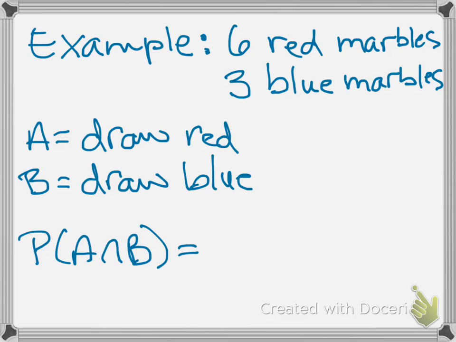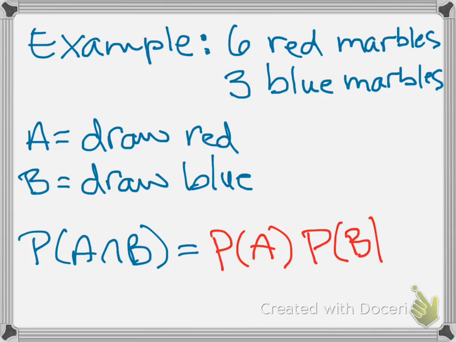So if we want to calculate the intersection of A and B, meaning that we draw a red marble and then we draw a blue marble, well then to get that we would take the probability of event A occurring, and we're going to multiply that by the probability that event B occurs given that event A has occurred.